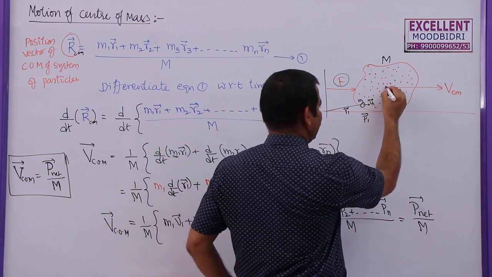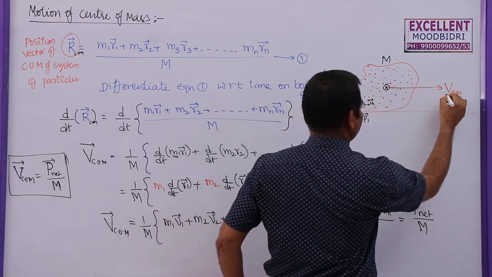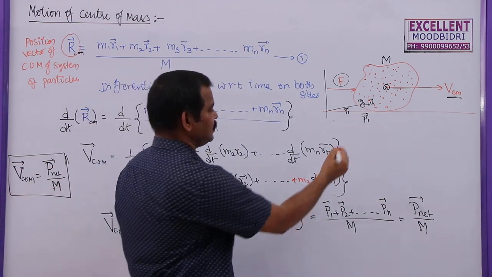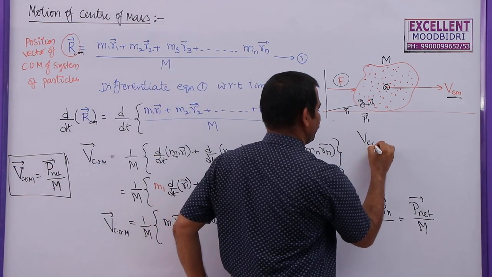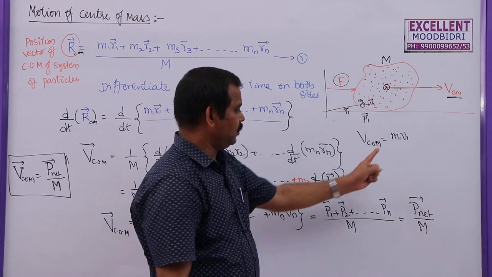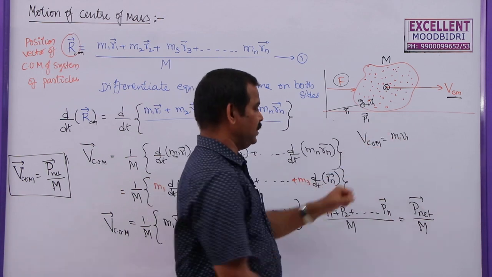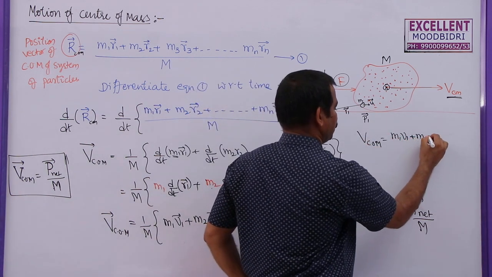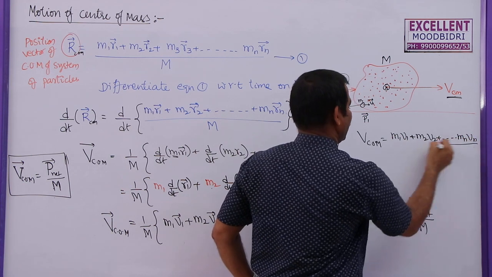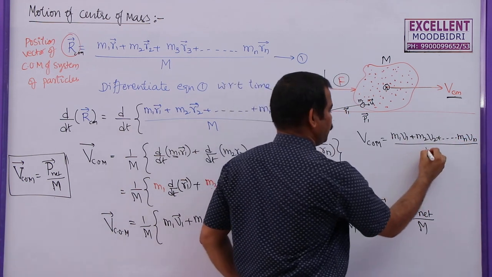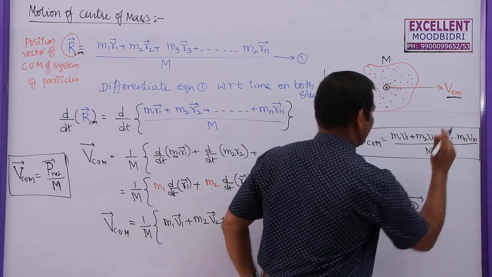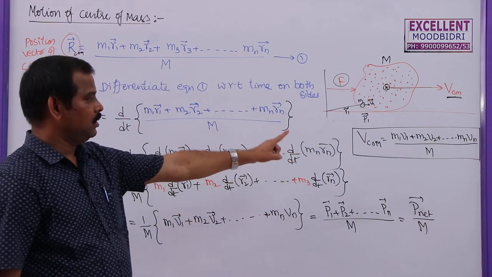So this center of mass of this body is moving with some velocity. So how to find the velocity of center of mass? The velocity of center of mass can be given by the product of mass of each particle into velocity of that particle, plus mass of the second particle into velocity of the second particle and so on, up to mass of the nth particle into velocity of the nth particle, by total mass. So this is the velocity of center of mass of the system.